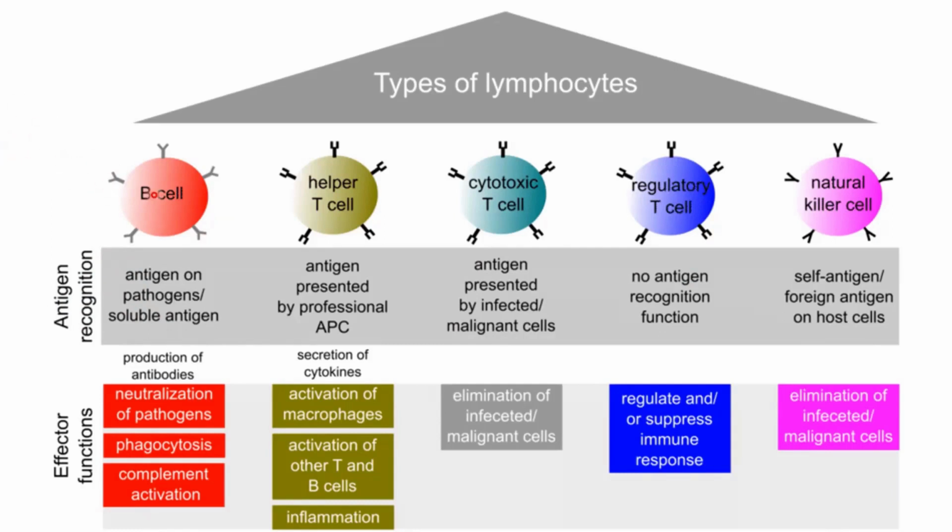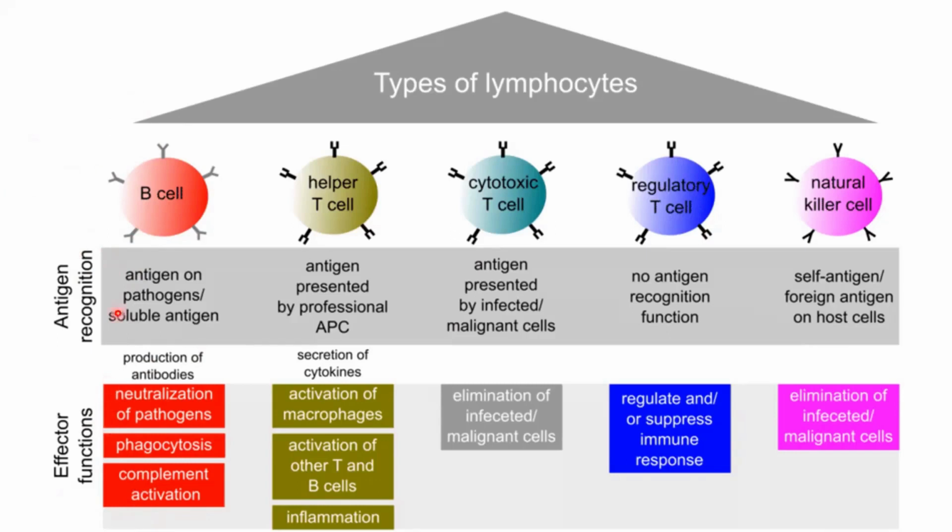What it does is neutralize those pathogens, or trap those pathogens, and it helps in their phagocytosis and in the activation of further immune system, which is called the complement system. So it neutralizes the pathogens by binding with them physically, then helps them get phagocytosed, and then activates the other parts of the immune system. This is how the B cell works.